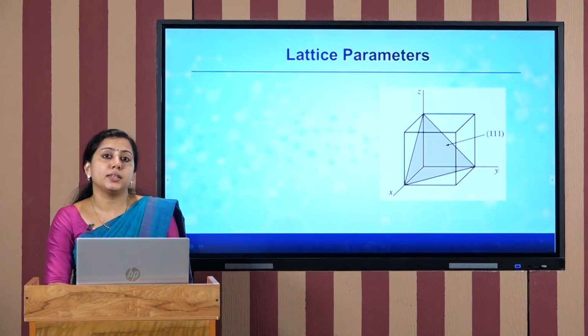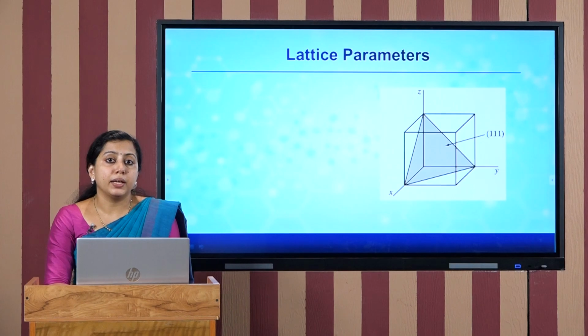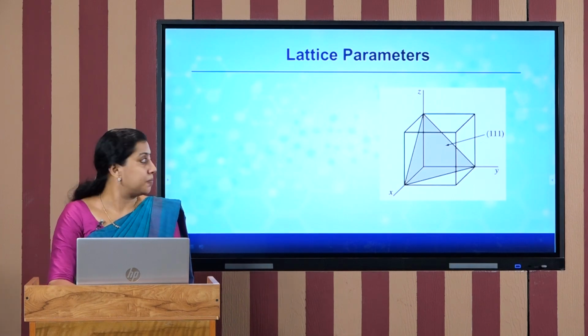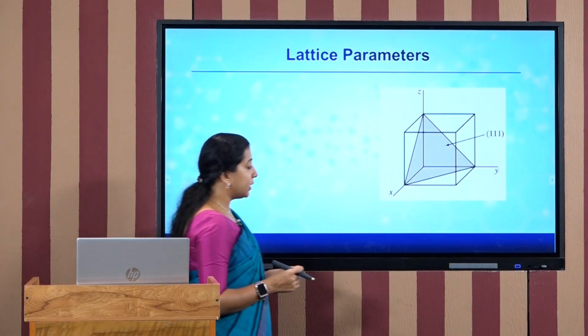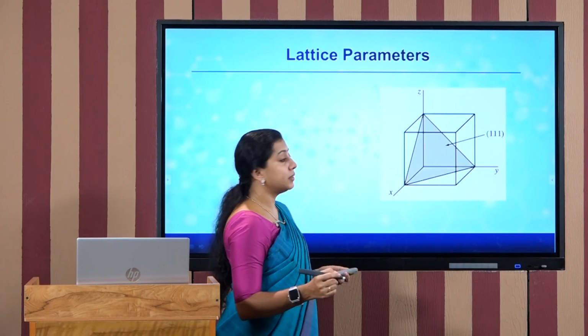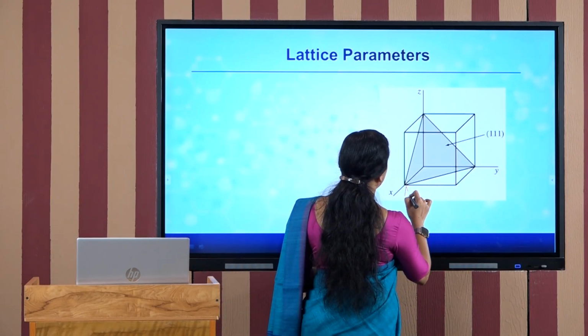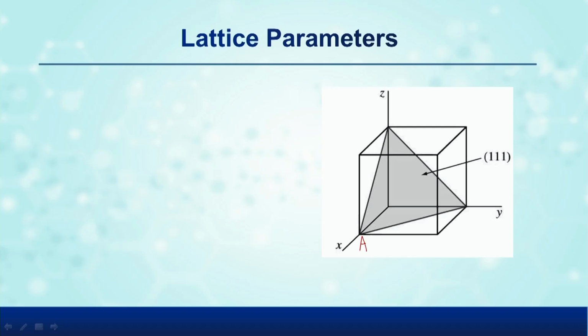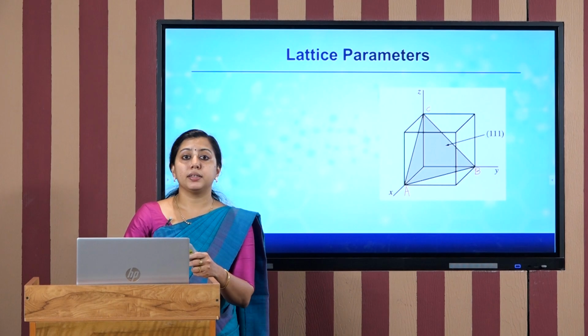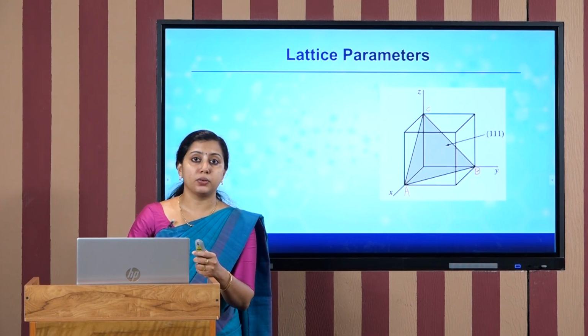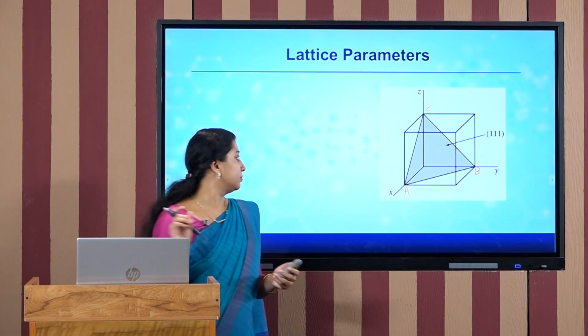Now, let us see what is meant by lattice parameters. So, consider a unit plane. In the previous class, we have seen what is meant by a unit plane. It is also known as a standard plane, which is chosen in such a way that the plane cuts all the 3 crystallographic axes.